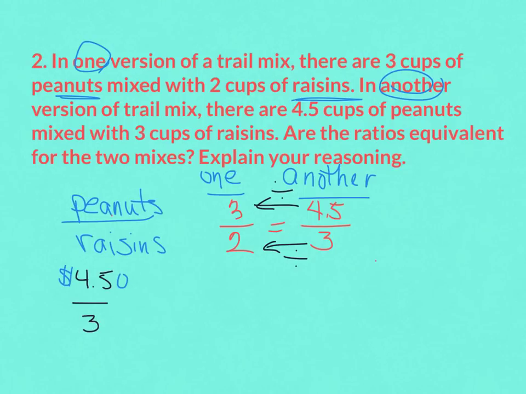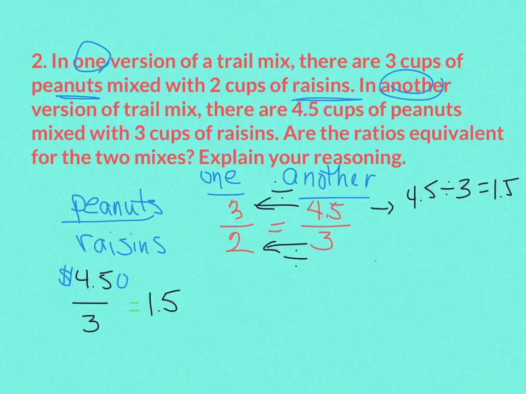But if I had $4.50 and I wanted to divide it by 3 people, I should easily be able to figure out that would be 1.5, or $1.50 if I was still thinking about it as money. So 4.5 divided by 3 equals 1.5.